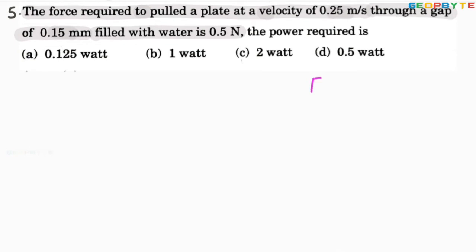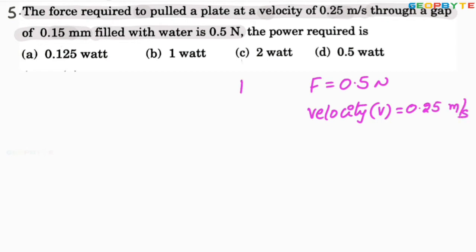That means the force required to pull the plate is 0.5 Newton. The plate is moving with a velocity V equal to 0.25 meter per second. So this is the force. Force F is given, velocity given.